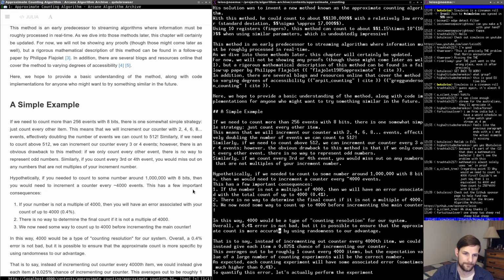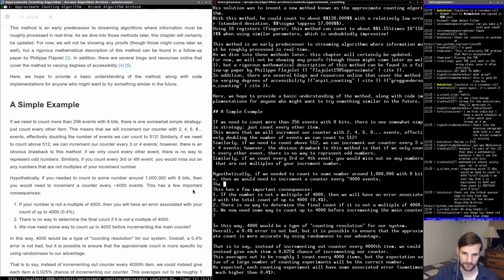To count up to 4,000 before incrementing the main counter. Hypothetically, if we needed to count up to some number around 1,000 with 8 bits, we would need to increment a counter every 4,000 events. So I guess the easiest way to think about this is to say exactly what I said there. Imagine counting sheep. Imagine counting 1 million sheep.